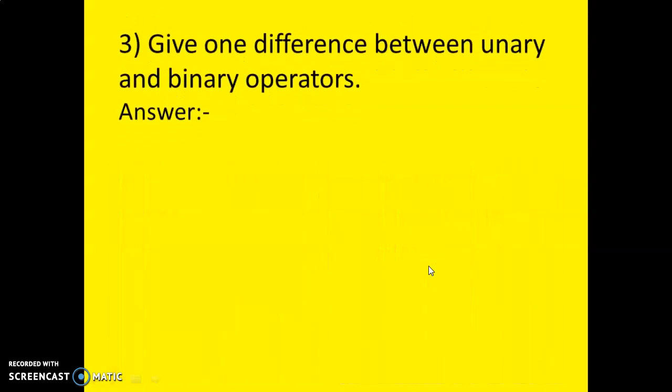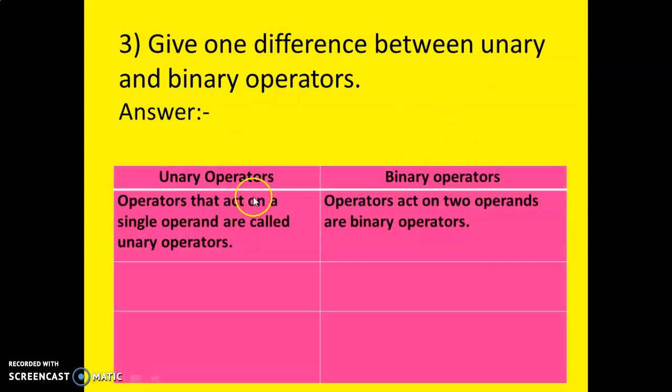Then come to the third question answer. The third difference is between unary and binary. By the name you can understand: unary means one and bi means two. When an operator works on a single operand, it is called unary.